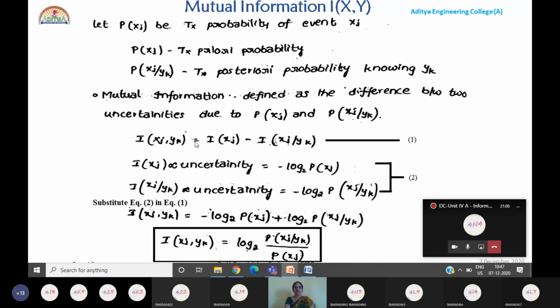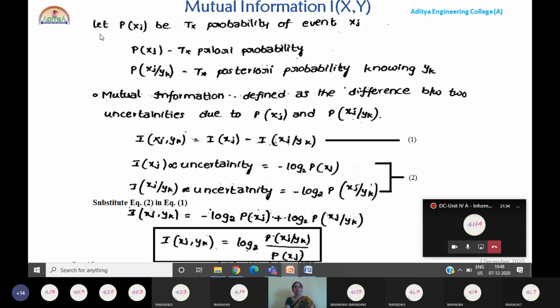So whether it is from transmitter to receiver, or the acknowledgement from receiver to transmitter, mutual information is defined as the difference between the two uncertainties due to the corresponding priori probability and posteriori probability, knowing the information of the other side.